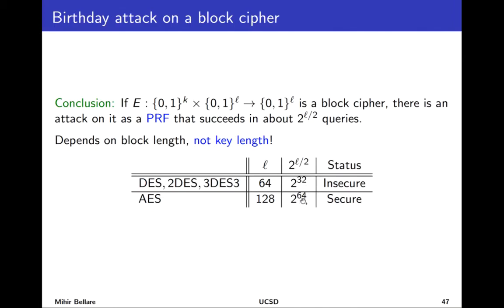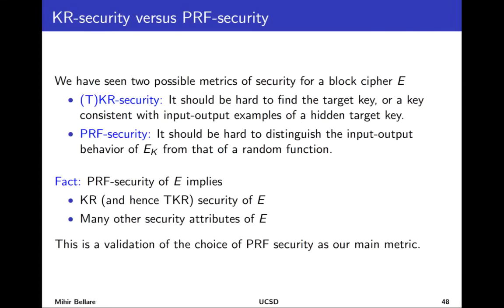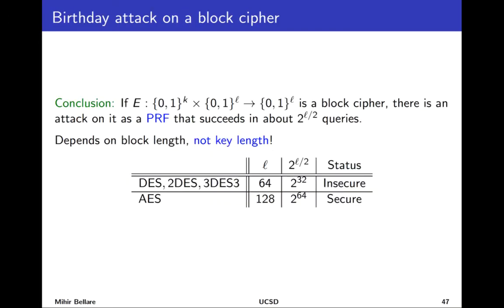And so even though it's borderline, we're willing to view this as being acceptable, and for practical purposes willing to view AES as being a secure PRF. And so that's the takeaway we're going to go with.